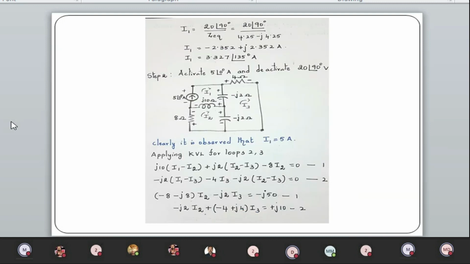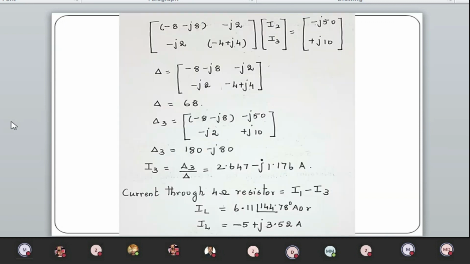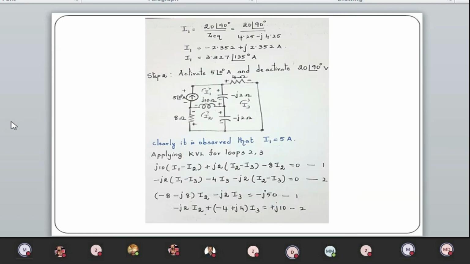So you can notice clearly here, IL is 6.11 angle 144.78 degrees, or minus 5 plus J3.512. Another important thing, the question that is tricky here is why the current is I1 minus I3.